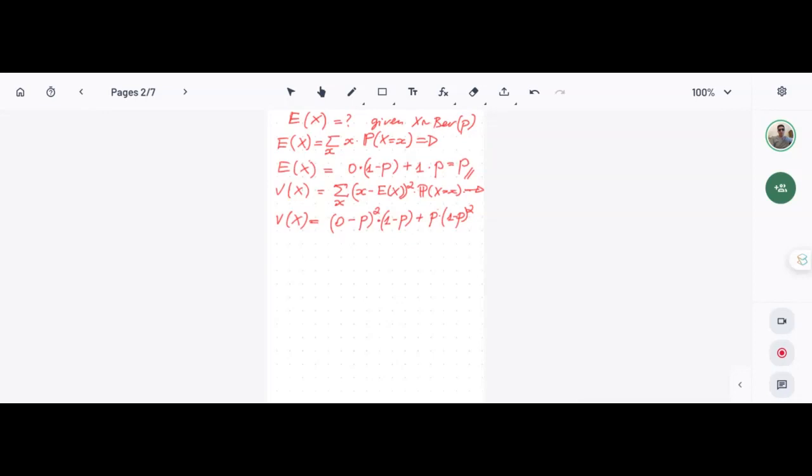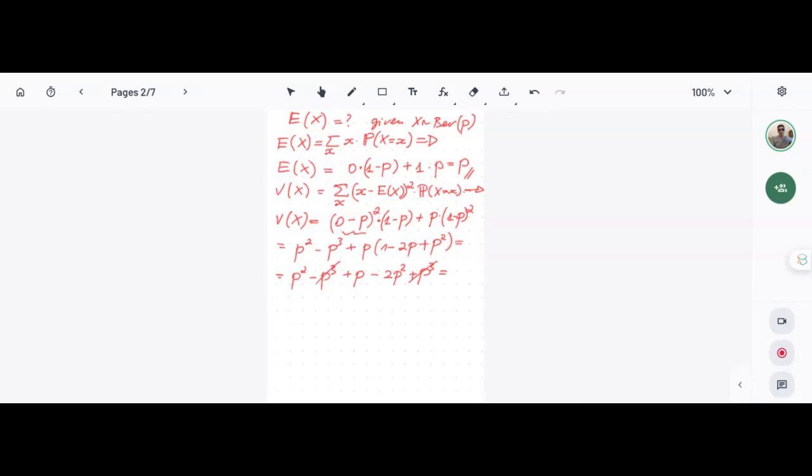So here, what you're going to receive is p squared minus p cubed plus p times 1 minus 2p plus p squared, and that is equal to p squared minus p cubed plus p minus 2p squared plus p cubed.